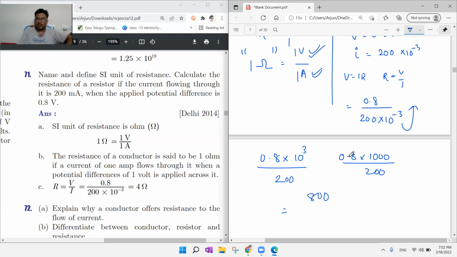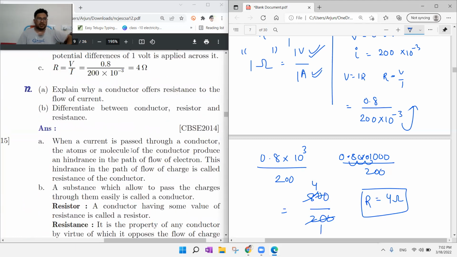So 800 by 200. Zeros get cancelled, 2 4s 8. At last we got R is equal to 4 ohm. So this is the value we got.